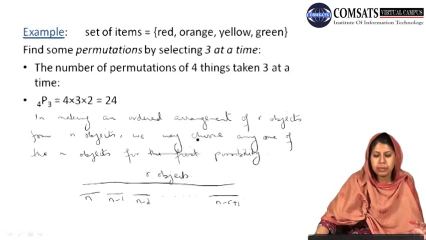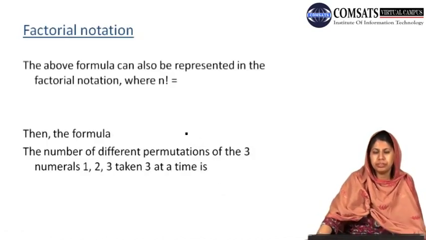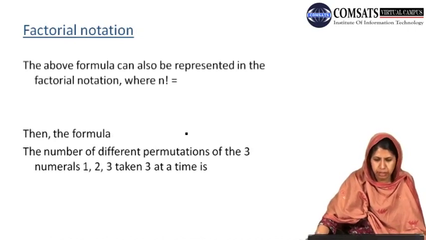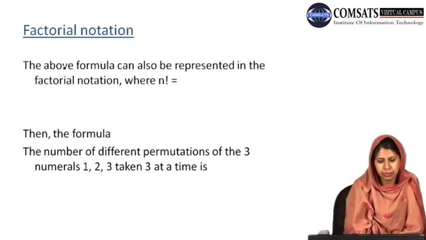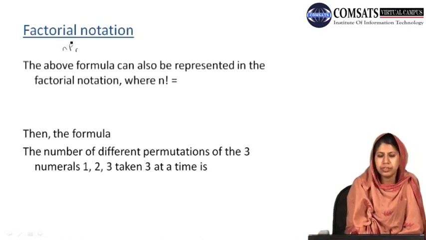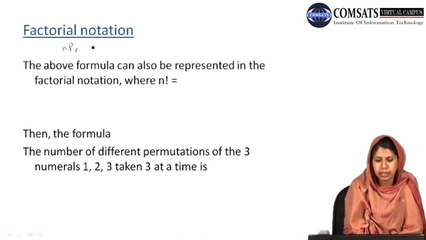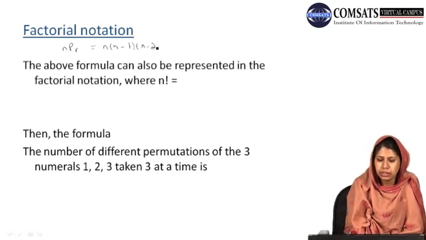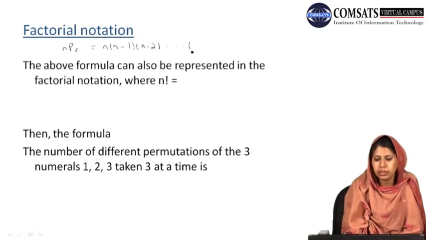Now we can write our permutation formula also in the factorial notation. That is, where our formula of nPr, that is given n objects taken r at a time, is the product of n, n minus 1, n minus 2, and continuing up to n minus r plus 1.